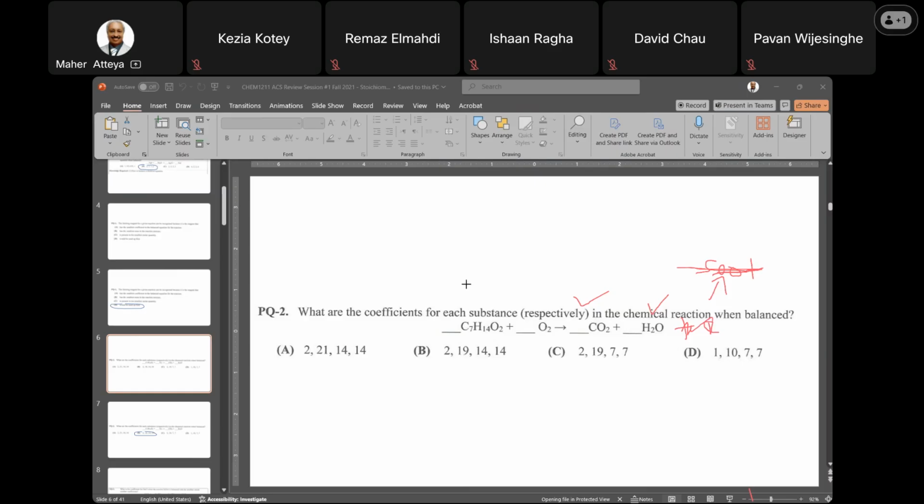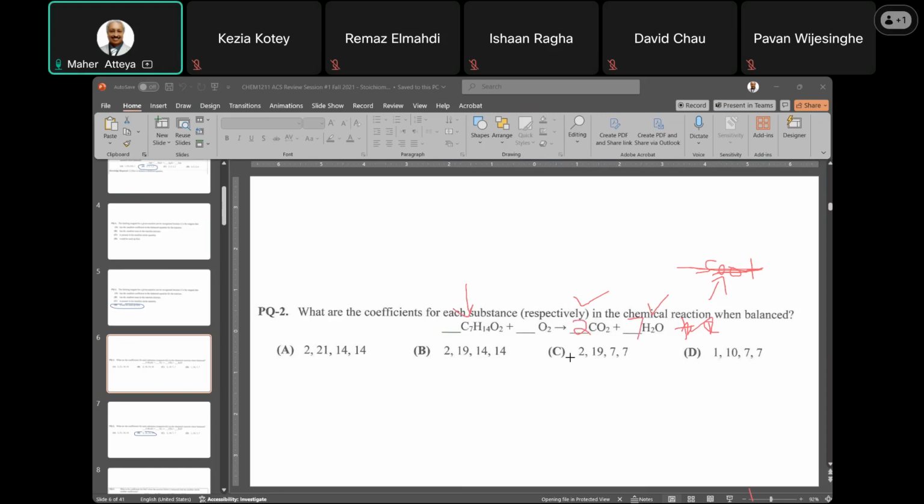So you have two carbons here, correct, guys? Two carbons. So your intuition says, how about the 2, to make this carbon correct. You have 14 hydrogen, and you have 2, so how about these 7 here? Correct? That makes hydrogen and carbon balanced.